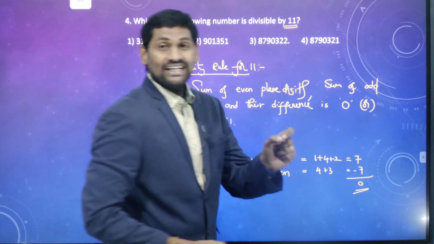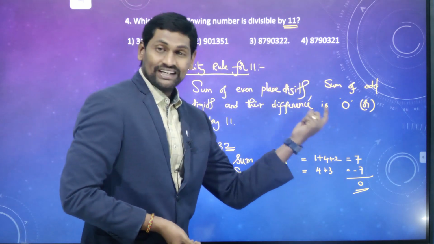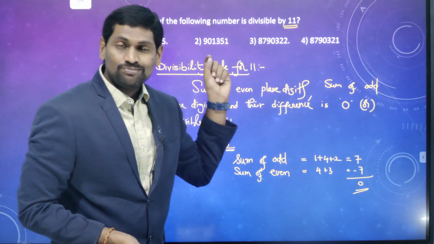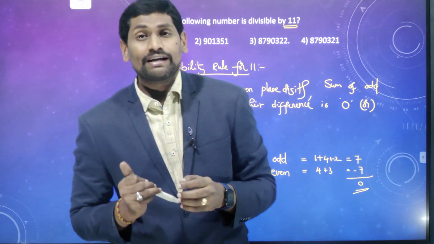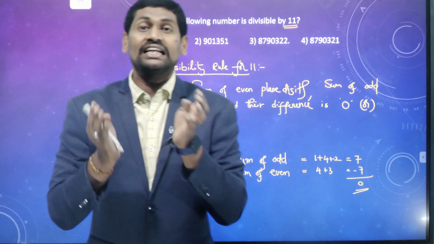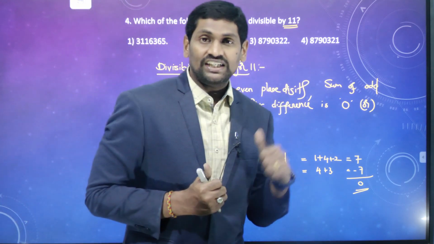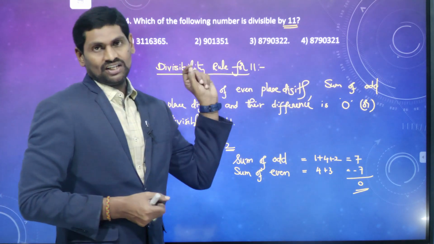So when we get 0, we can say that the entire number is exactly divisible by 11. So what is the rule? The sum of even place digits and sum of odd place digits, and their difference is 0 or a multiple of 11, then the entire number is exactly divisible by 11. This is the divisibility rule for 11.